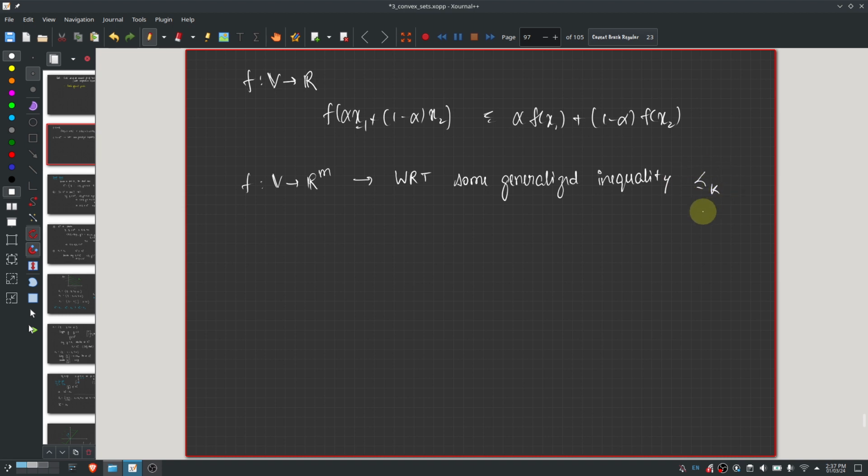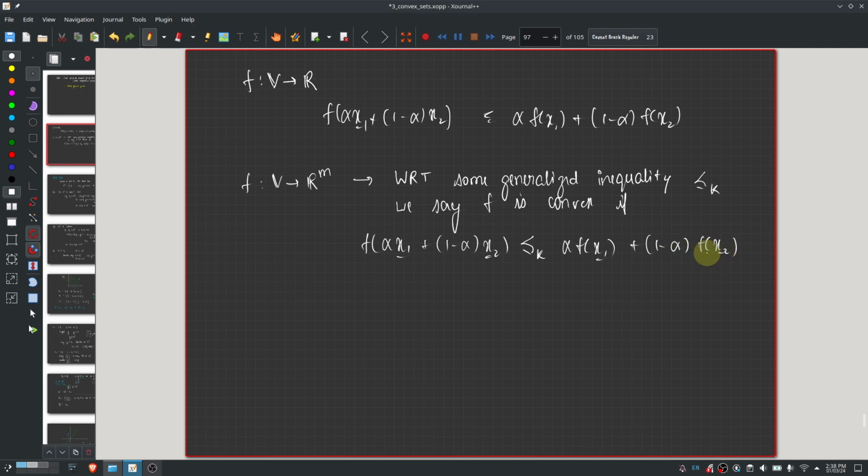So with respect to this generalized inequality, we say that f is convex if f of alpha x1 plus 1 minus alpha x2 is less than or equal to, with respect to this generalized inequality, alpha f of x1 plus 1 minus alpha f of x2. Okay.